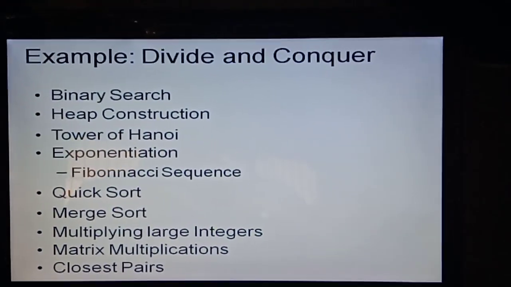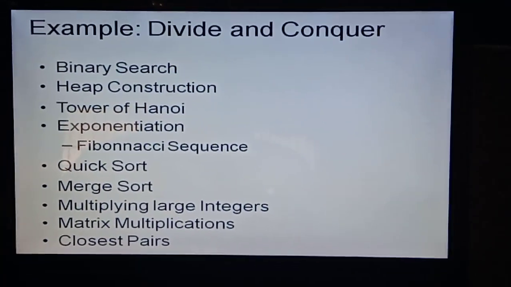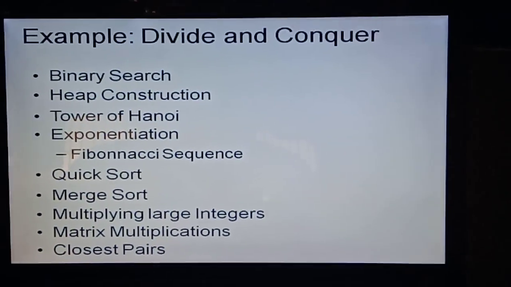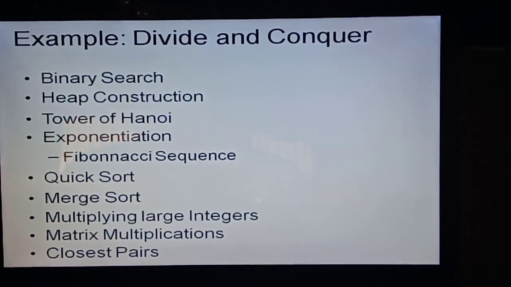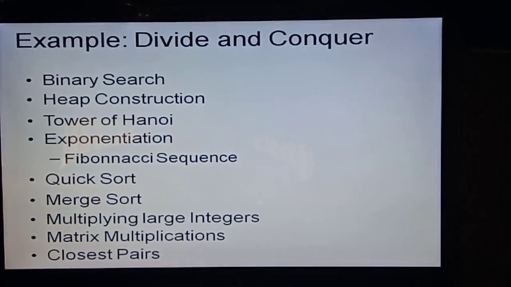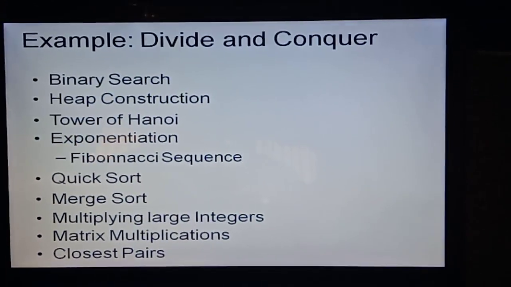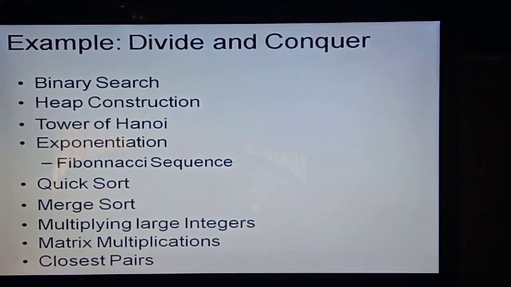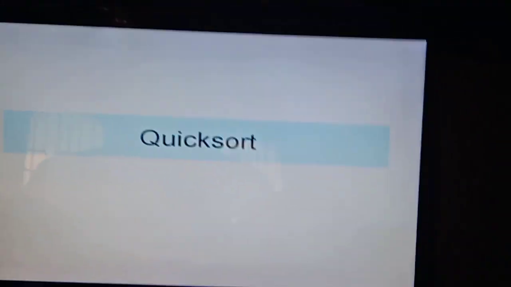The first one is binary search. Heap construction, that is minimum heap or maximum heap. Towers of Hanoi. Exponentiation of Fibonacci sequences, quicksort. Fibonacci sequences also divide into partitions. Quicksort, merge sort, multiplying large integers, matrix multiplication, closest pair, path finding problems.